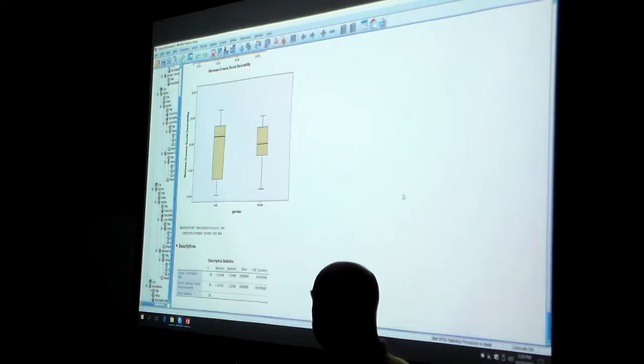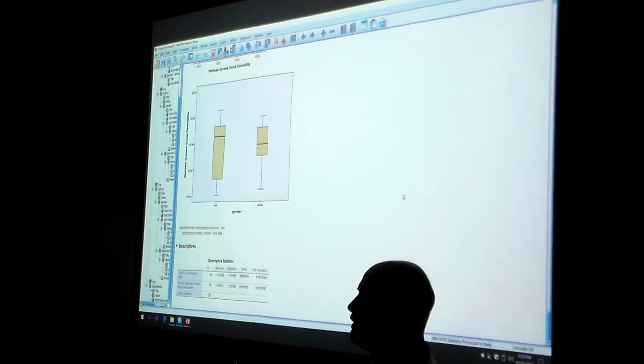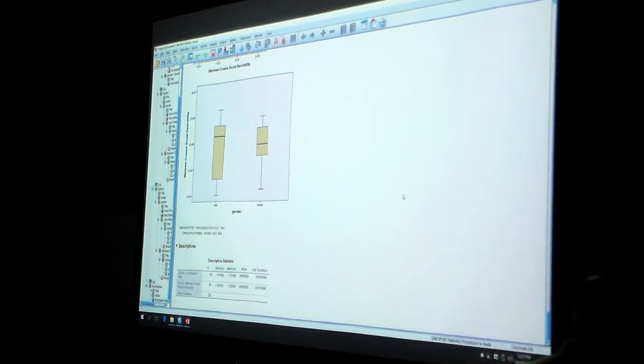But here, do we have anything that looks like an extreme score? No, right? Our lowest score, it looks like it's about, well, what am I doing wrong here? I've collapsed this. I need to go resplit my file, right?